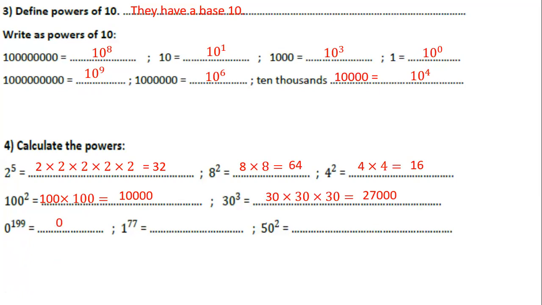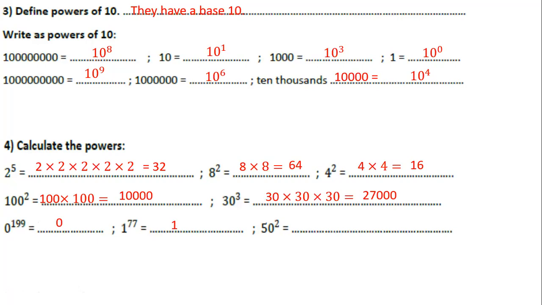So when the base is 0, directly I write the answer 0. Also, whenever the base is 1, 1 to the power 77, no use to write 1 times 1 times 1, 77 times. I directly write the answer 1. So this only applies to base 0 and base 1. Got it, Lamar, now?